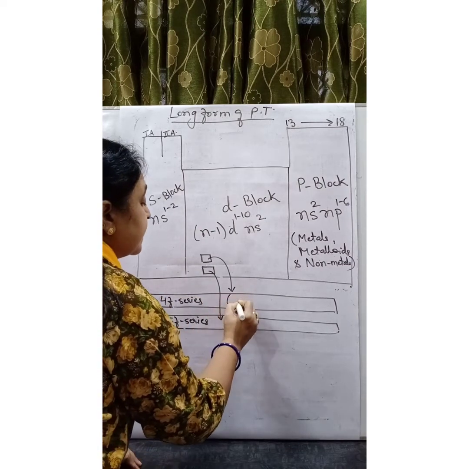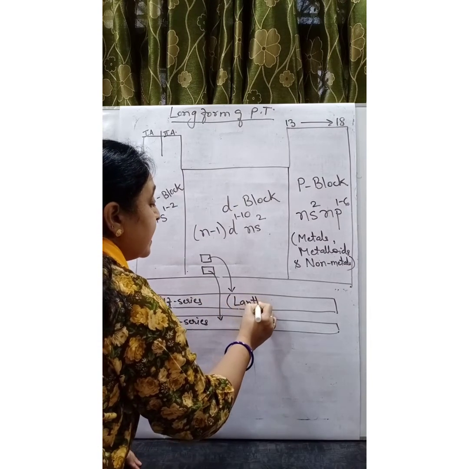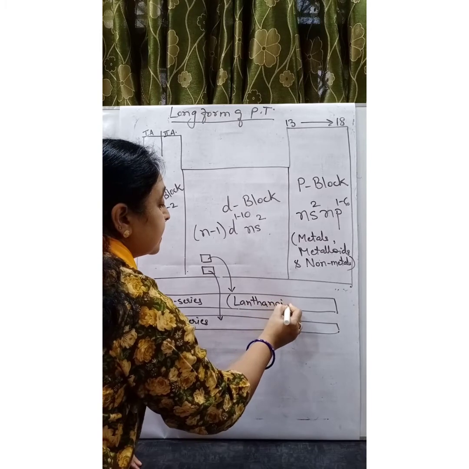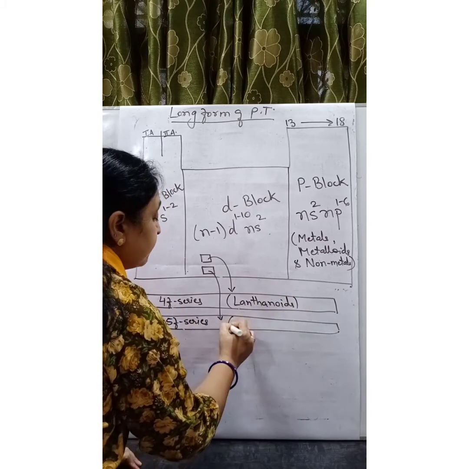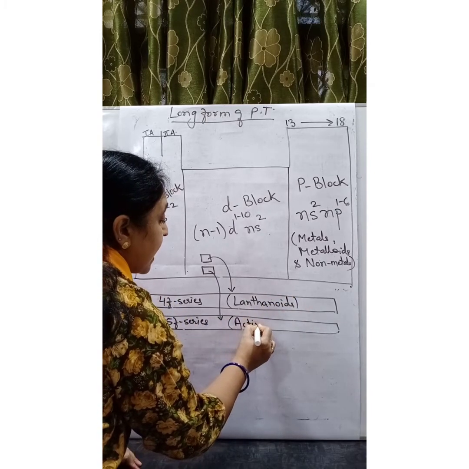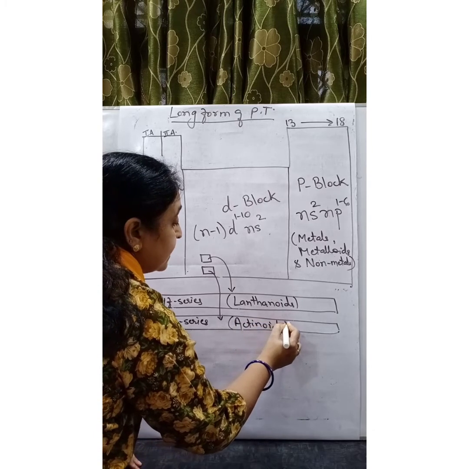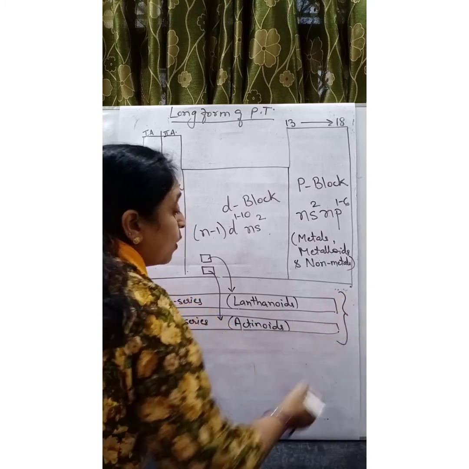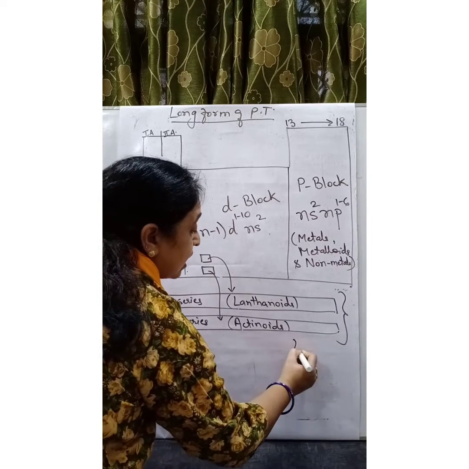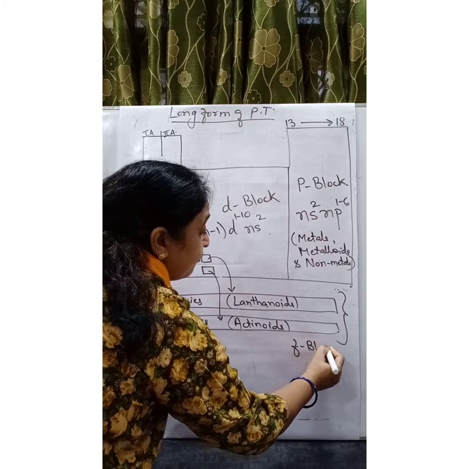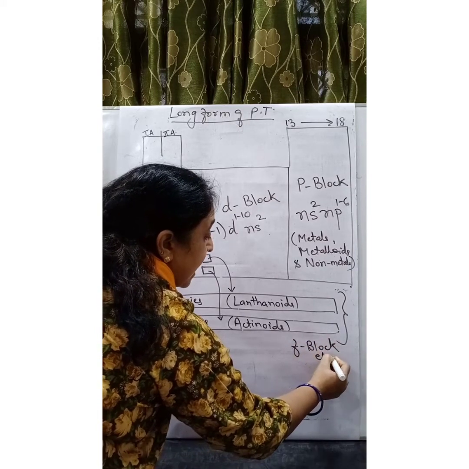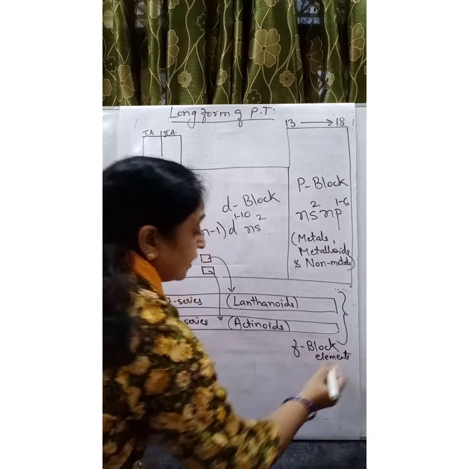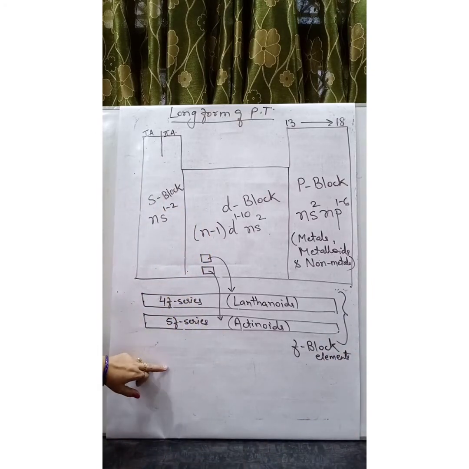Popularly, the 4f series is known as lanthanoids and the 5f series is known as actinoids. Collectively, both these series are called f block elements, as the last electron enters into the f orbital.